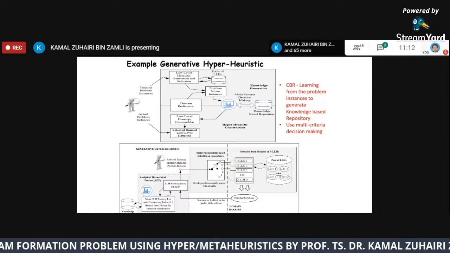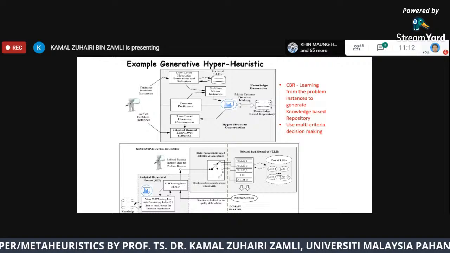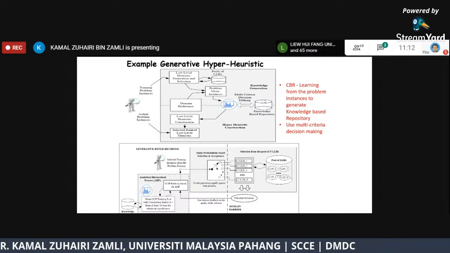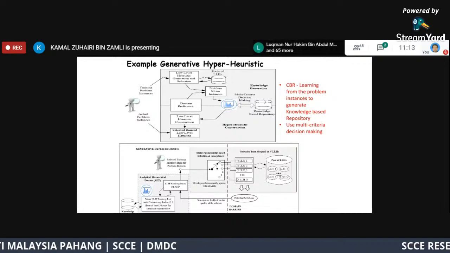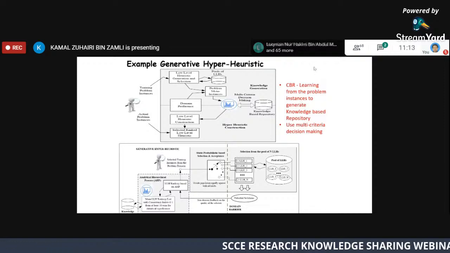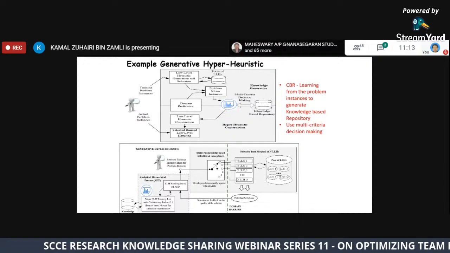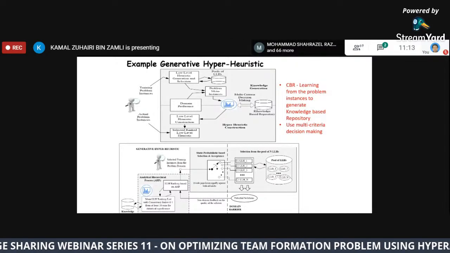From that, you can do multi-criteria CBR, for example, case-based reasoning. Maybe out of 20, PSO, GA, maybe a bad algorithm is actually the best for this problem. For a different problem, maybe a different set of knowledge. For this problem, algorithms A, B, C, D. For the other problem, maybe algorithms E, G, H, I.